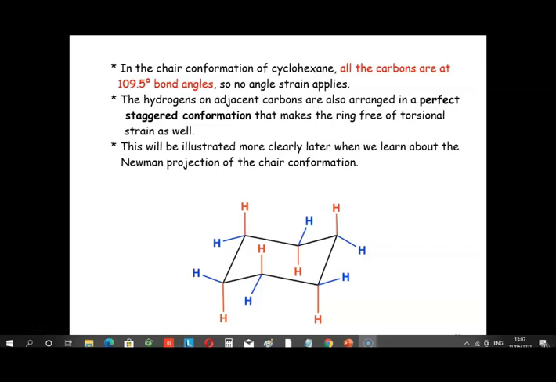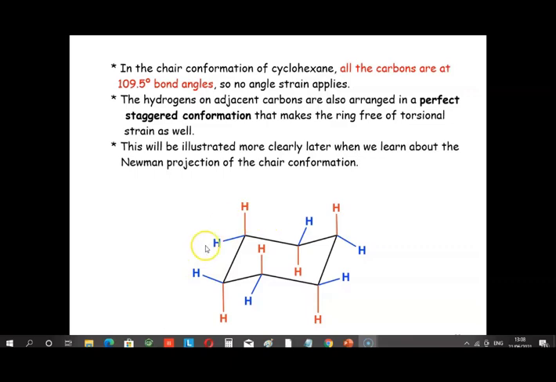The hydrogens on the adjacent carbons, here we can see, are oriented in such a way that they lie in perfect staggered conformation, which makes the ring free of any torsional strain as well. So there is no angle strain, no torsional strain. When these atoms lie close to each other, they give rise to torsional strain.